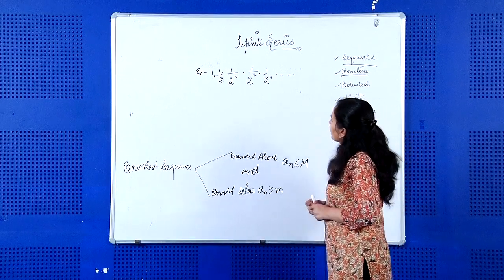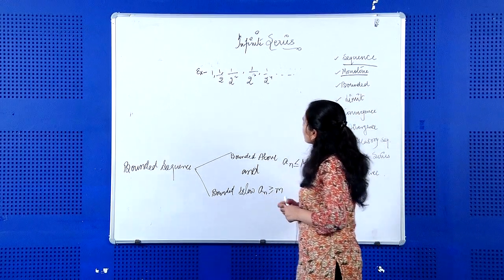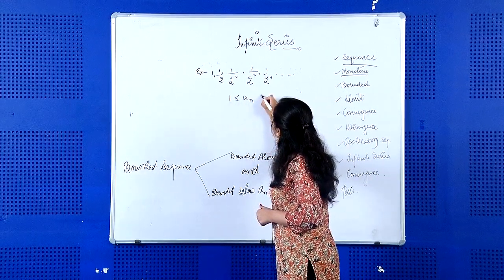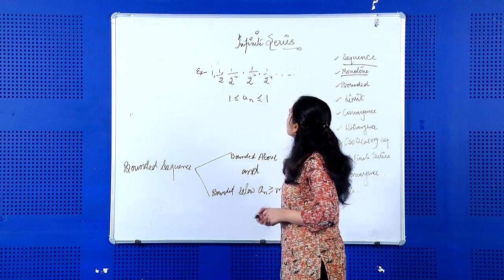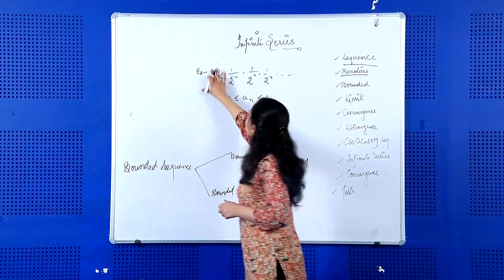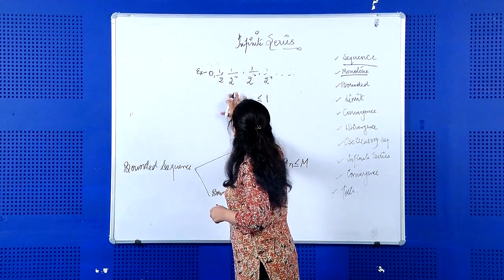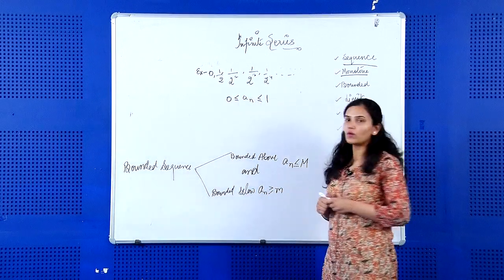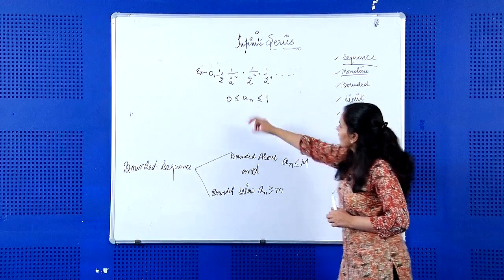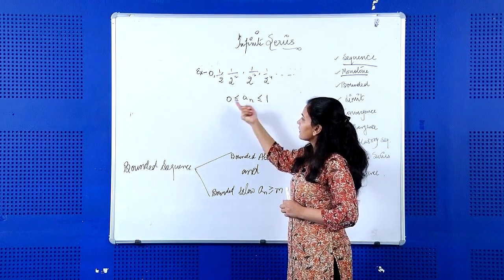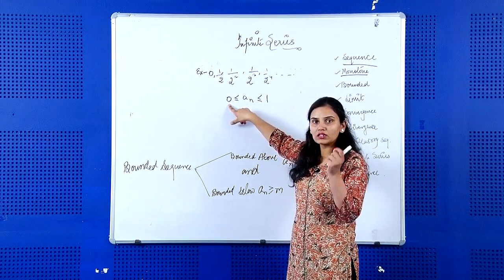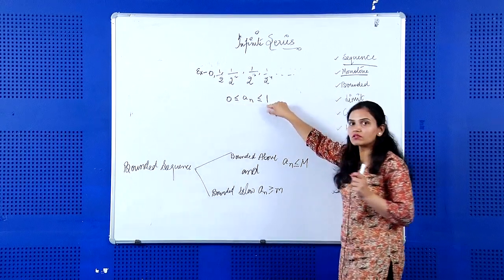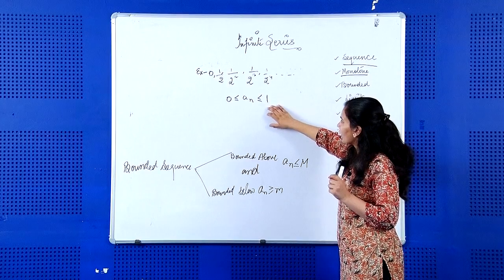Our sequence here will lie between 0 and 1. That means our sequence will be greater than a small m, that is here 0, and it will be less than capital M, which is 1.